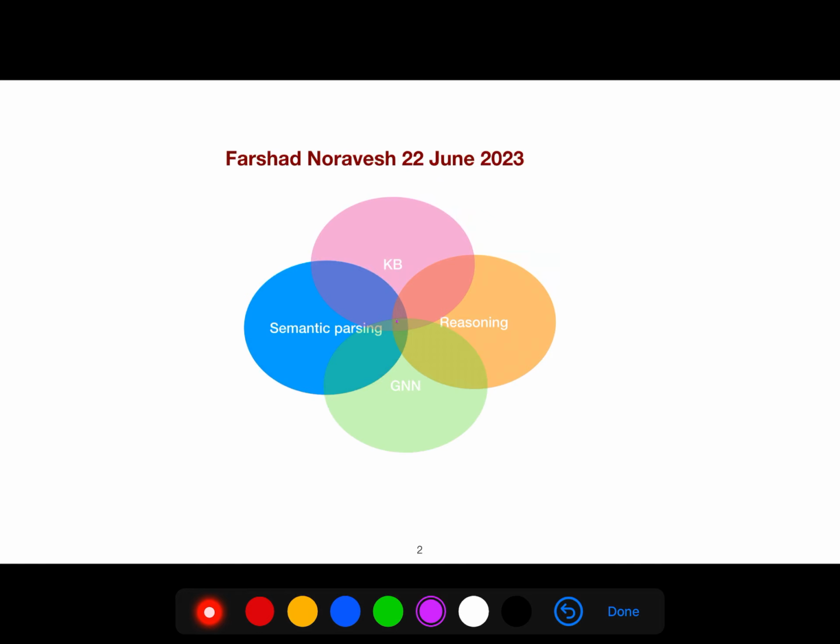My research is at the intersection of these because I'm interested in common sense reasoning. It's the future of AI. I'm interested in graph neural networks as well as factor graphs and graphical models.